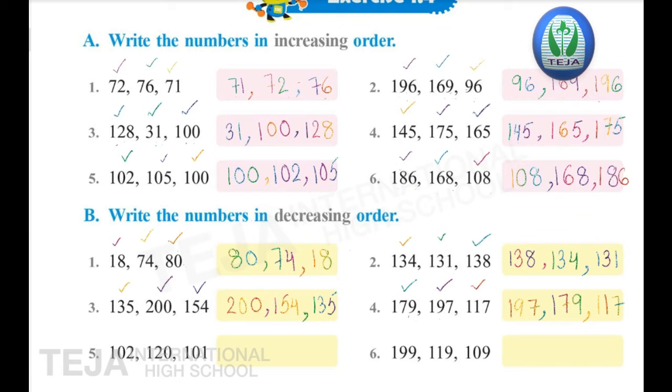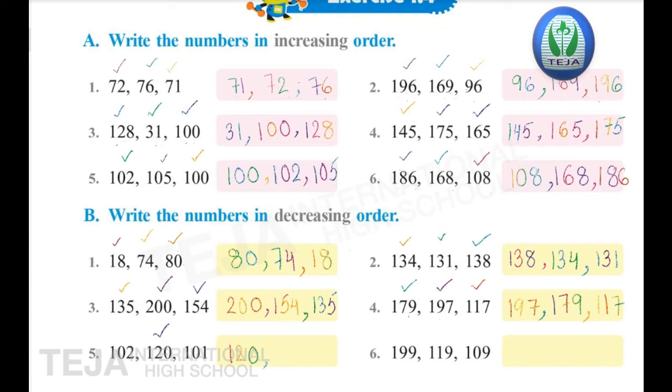Now we'll move on to the fifth question. Here the numbers in the fifth question are 102, 120, 101. And all these three numbers are 3-digit numbers. Okay, now we'll see what is the greatest number among these three. The greatest number is 120. So write 120 in the box, children.